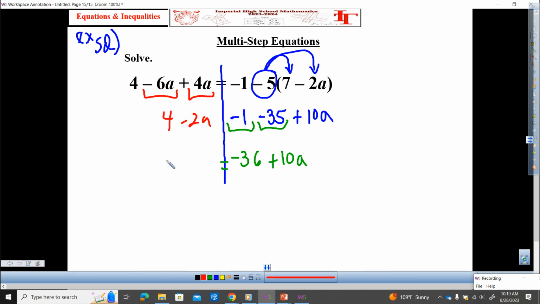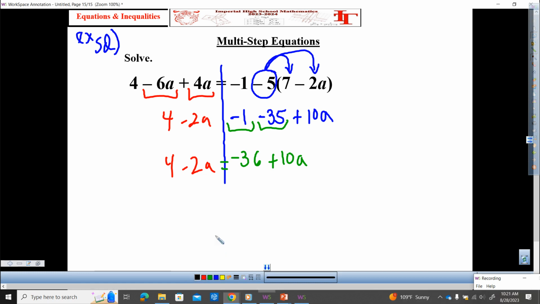So I'm going to bring that down here, 4 minus 2a. All right. So now we have variables on both sides. What do we do next? Tell your neighbor before we pass to someone. All right, Jaden, pass someone.